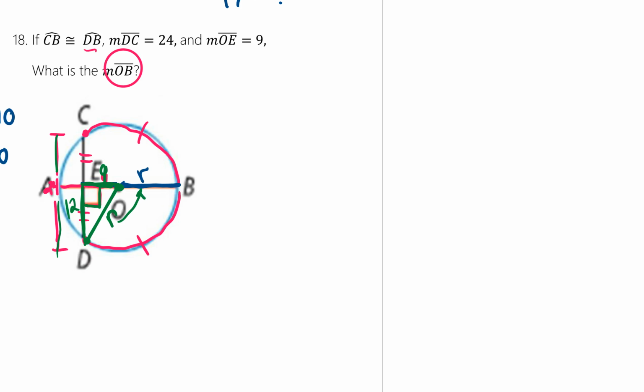Because this creates a right triangle, I can use the Pythagorean theorem to solve for my radius. So I get 9 squared plus 12 squared is equal to r squared. 9 squared is 81, plus 12 squared, which is 144, equals r squared.